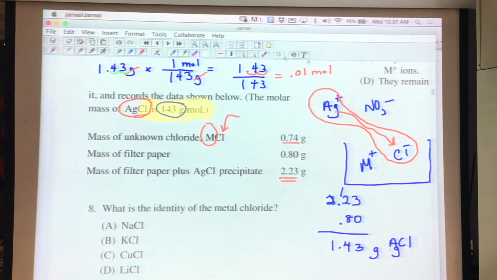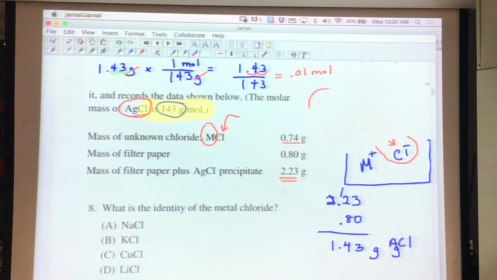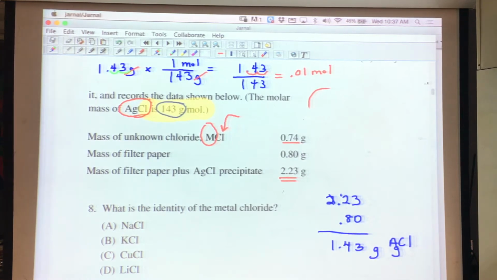So now, let's get rid of some more stuff. So now that I have the moles of the chlorine, and this is part 2, they give you a point for realizing it's a mole of chlorine. So this is equal to moles of chlorine ions. Okay, now what do I know about this? I'm trying to figure out what's the identity here. What's the molecular mass equal to? Grams per what?